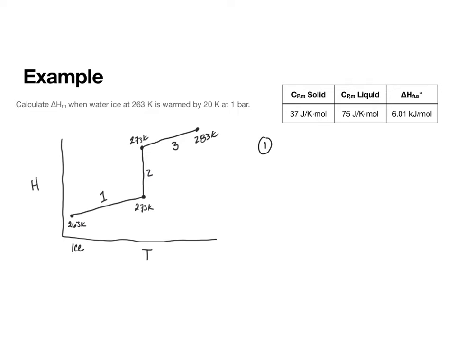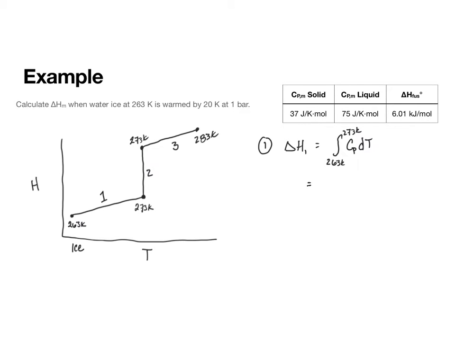And so step 1, our delta H1 is going to be equal to our integral of Cp dT from 263 Kelvin to 273 Kelvin.